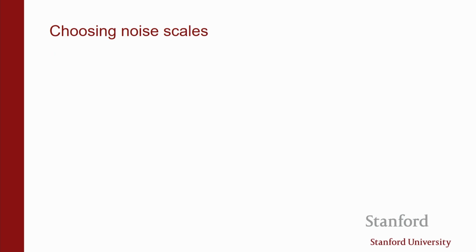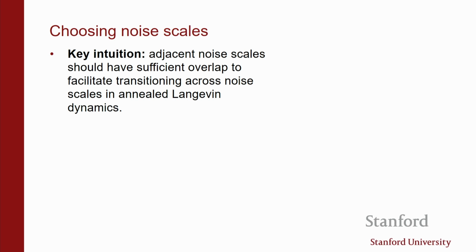The other thing to decide is how you go from the maximum to the minimum. How do you interpolate between these two extremes? Again, if you think about that Langevin dynamics procedure, we want to make sure that these different noise scales have sufficient overlap so that when you initialize the Langevin dynamics chain corresponding to the next noise level, you're starting with something that makes sense.